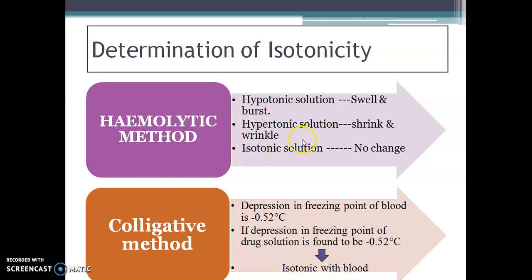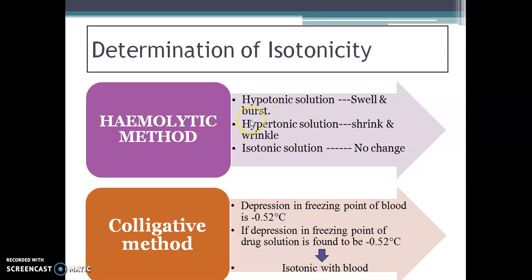Firstly, in hypotonic solution, when RBCs are placed in hypotonic solution, the concentration of solute is less when compared with that of the RBC. Hence, the fluid flows into the RBCs, due to which they swell and eventually burst.